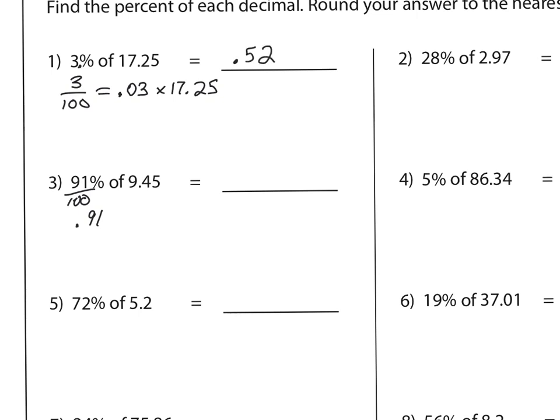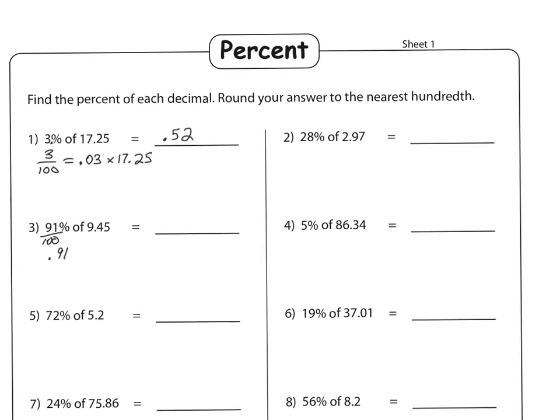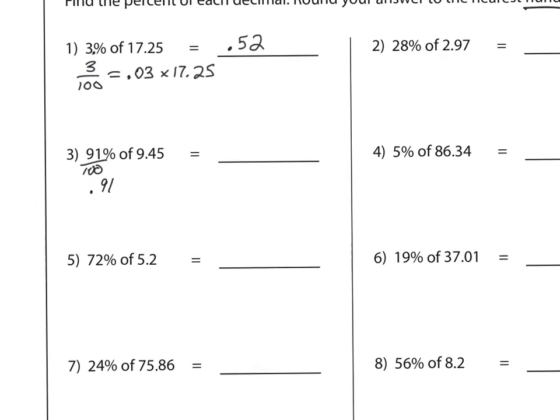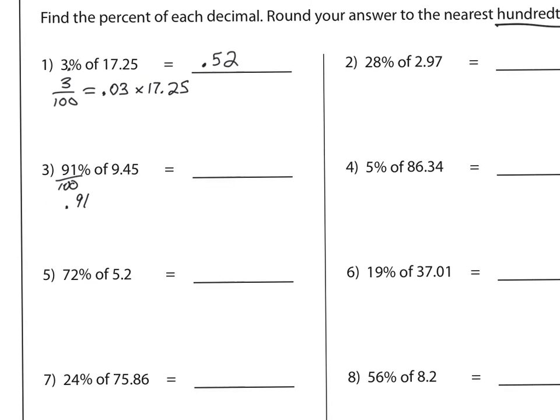We can round it to 2. It actually comes out to 0.5175. Okay, and it all depends on where you're being asked to round. And what we see here is we're being asked to round to the nearest hundredth. Hundredth is the second decimal place. Okay.